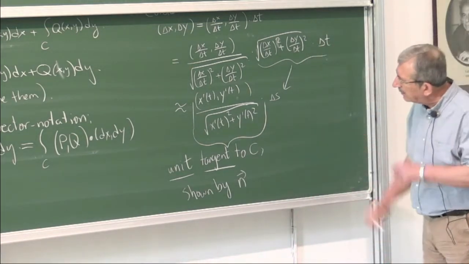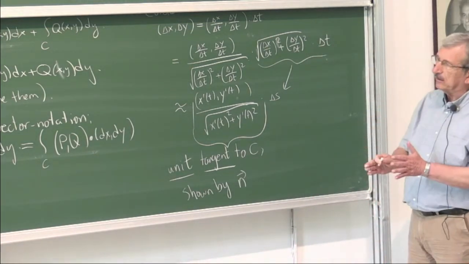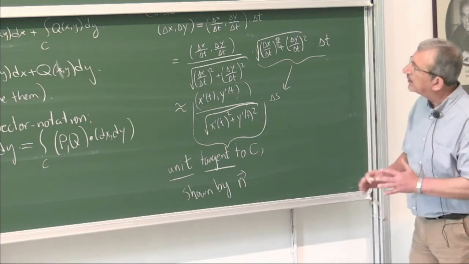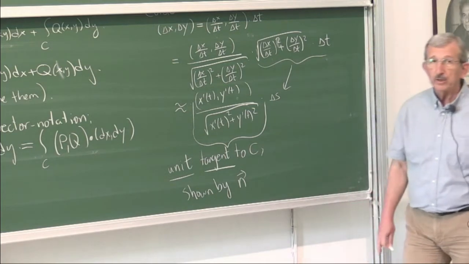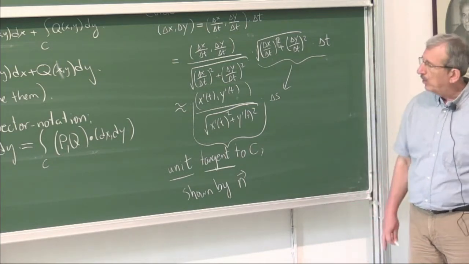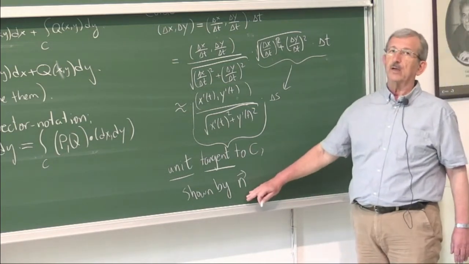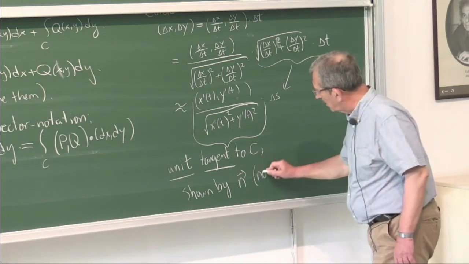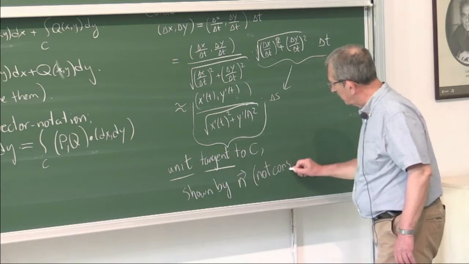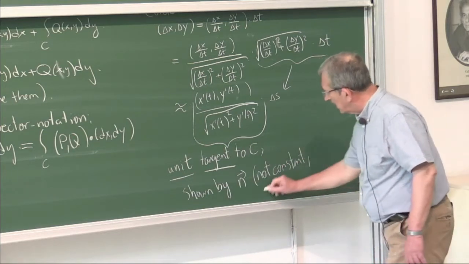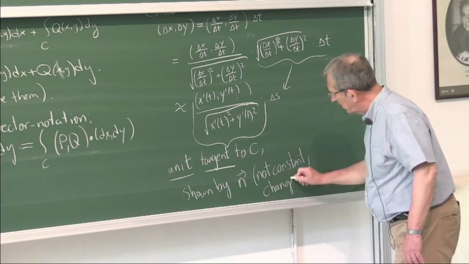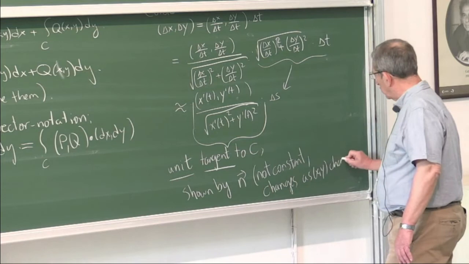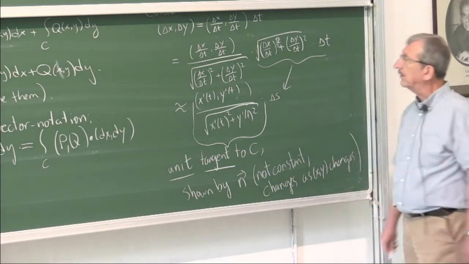Now, what is n? n is a unit vector which is parallel to the tangent line drawn to the curve at the point (x, y). So it's a function of (x, y) at the same time. It's not a constant. It changes as (x, y) changes.